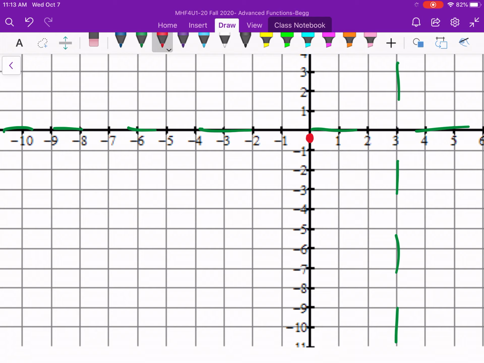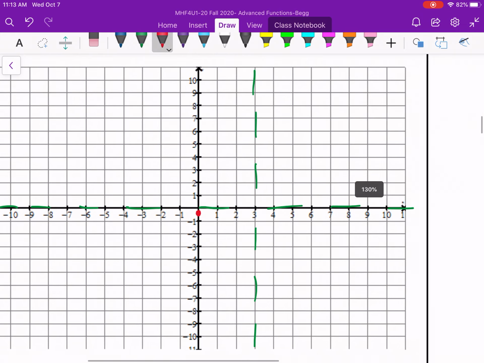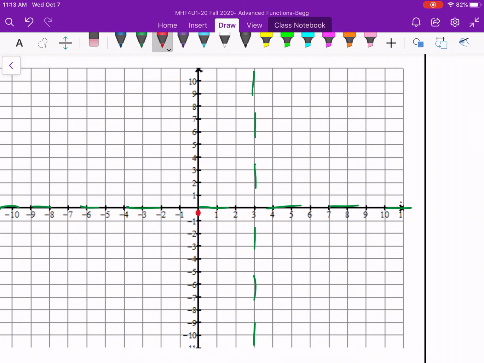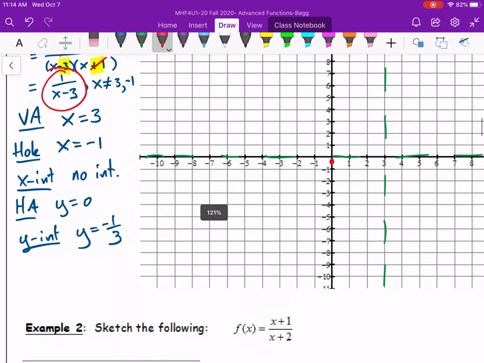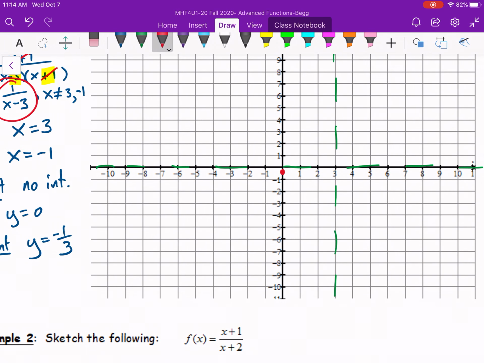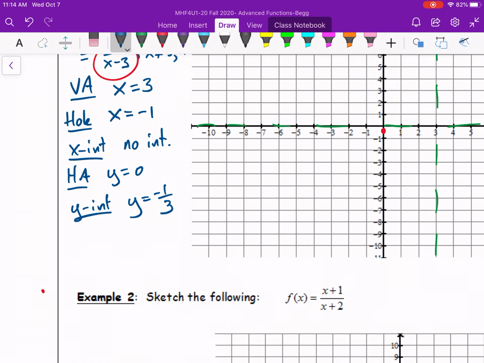It's going to be down in the bottom left and top right corners of the way this is broken up. But if I want to be sure, then what I can do is I can also do what's called a test point. So I can just pick an x value, throw it into the function, and just see. So if I look at x equals 4, I'm kind of curious at what's happening when x equals 4, just to make sure that I'm on the right track with what I'm predicting.